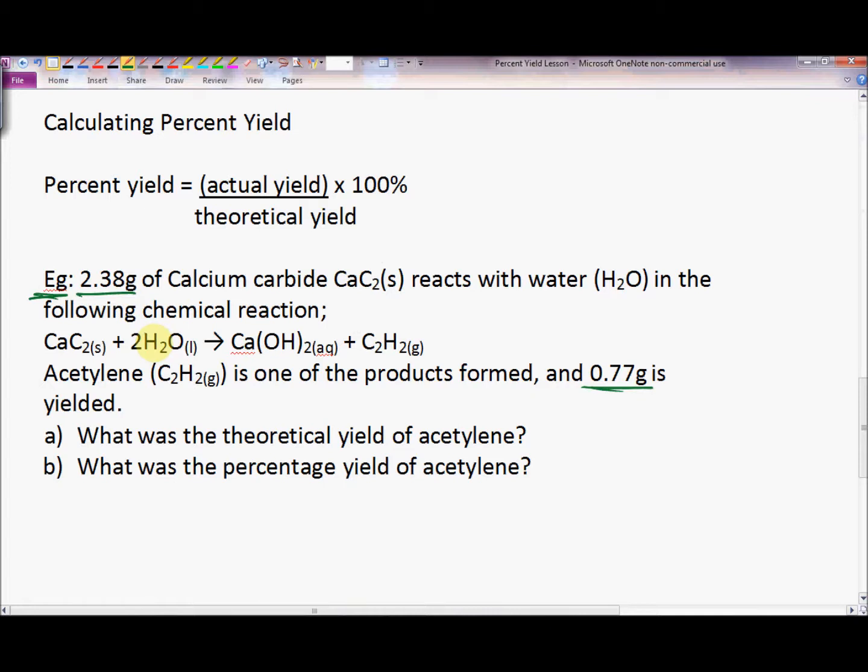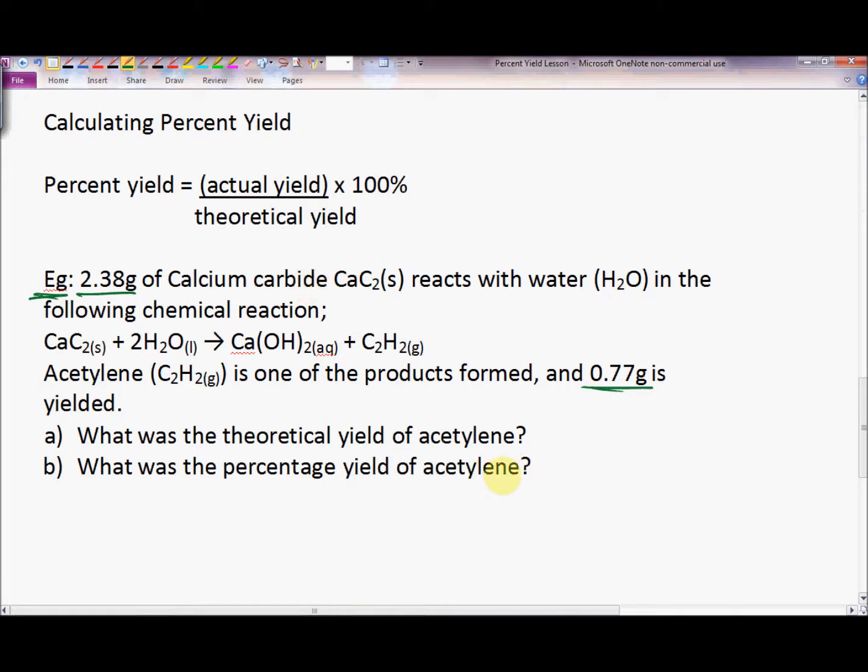Okay, so the first part of the question asks us what was the theoretical yield of acetylene. That's basically just a stoichiometry question, so this shouldn't be anything new for you guys at this point. So we're going to take our 2.38 grams of calcium carbide and use stoichiometry to find out how much acetylene should have been yielded.